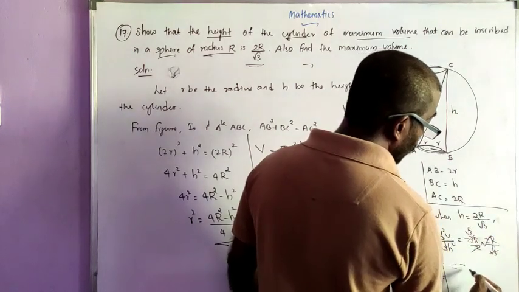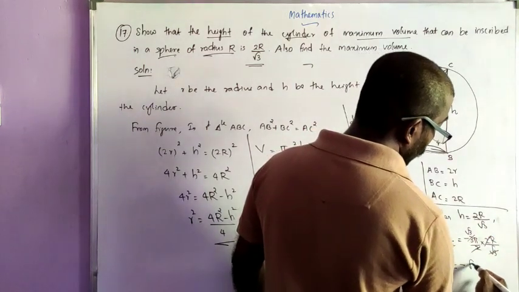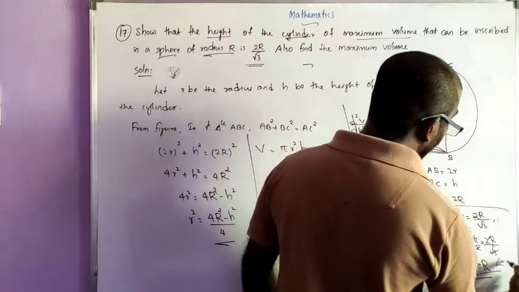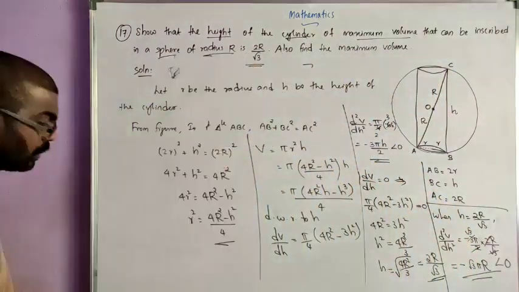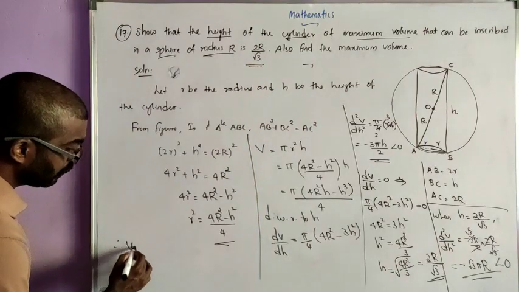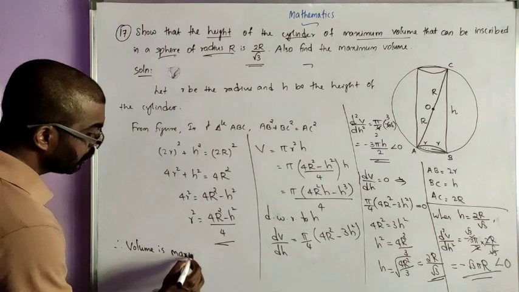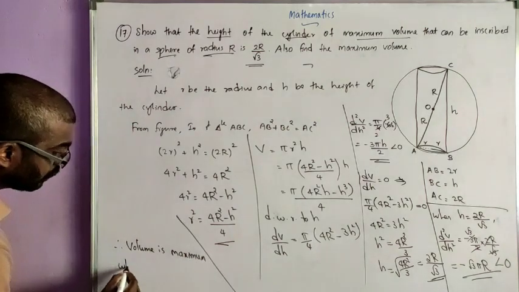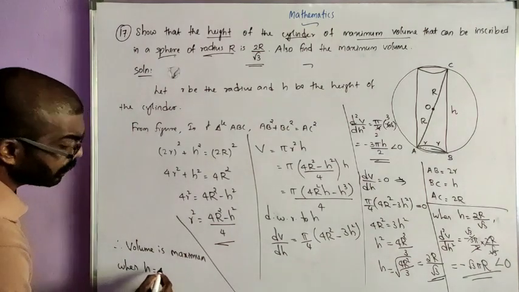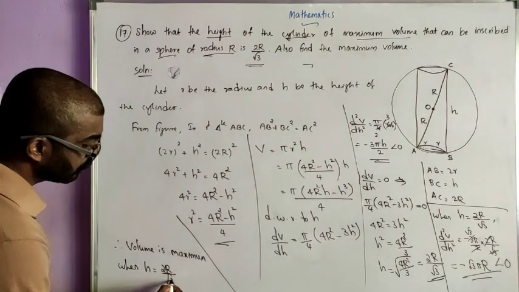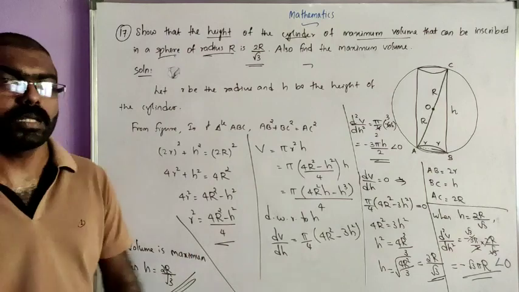That is minus root 3 pi R. And clearly it is less than 0. Therefore we can conclude volume is maximum when H is equal to 2R by root 3. Understood?